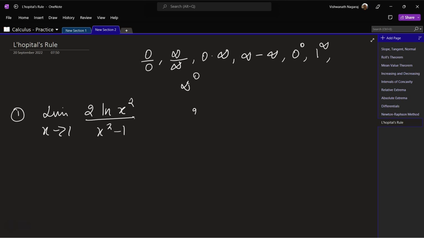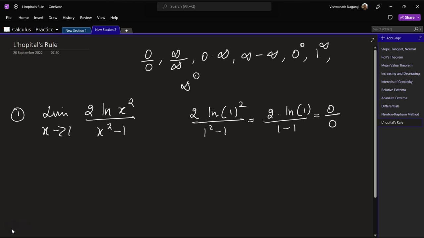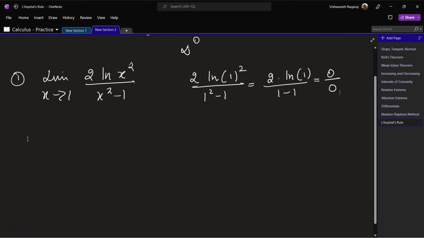We get 2 natural log of 1 square divided by 1 square minus 1, which is 2 times natural log of 1 by 1 minus 1. Now natural log of 1 is 0, so 2 times 0 is 0 by 0. So we are stuck. That doesn't mean the limit doesn't exist.